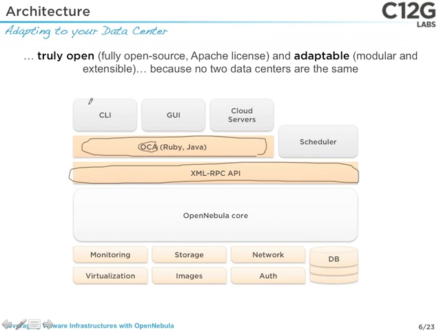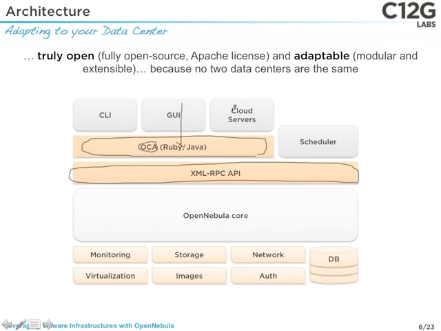So you have the command line interface, which is a small set of Unix-like commands to manage your cloud, talking through OCA. Also, all the graphical interfaces, the web interfaces like Sandstone, also the self-service, also talk with the core through these Ruby bindings of the OpenNebula Cloud API.